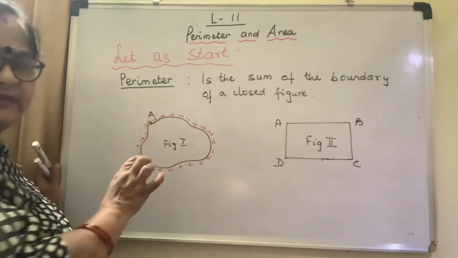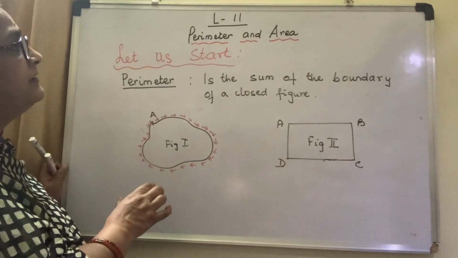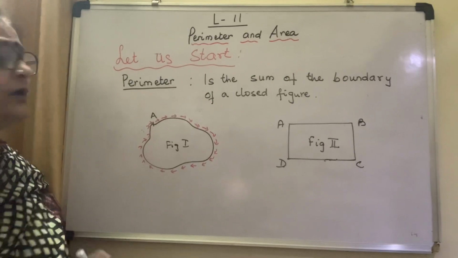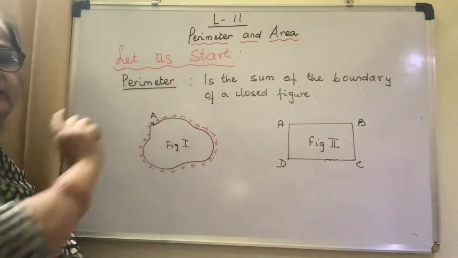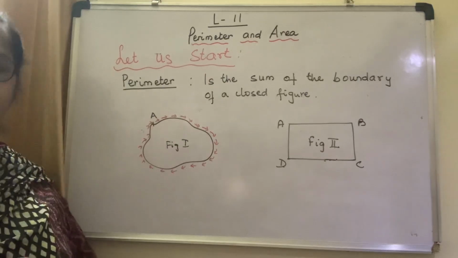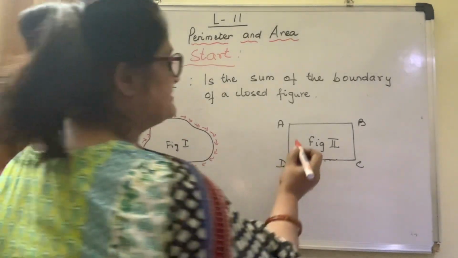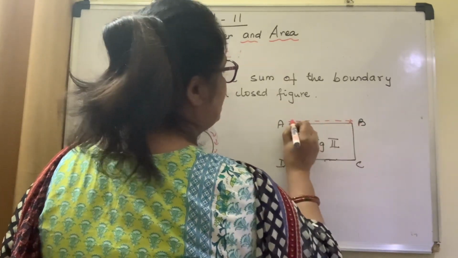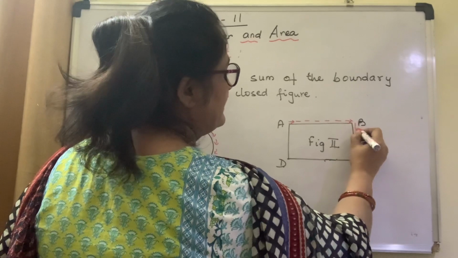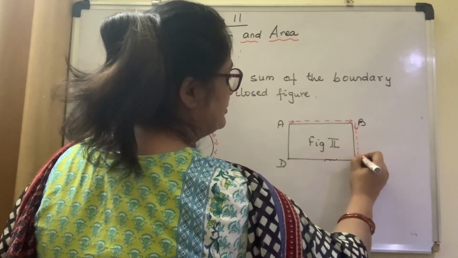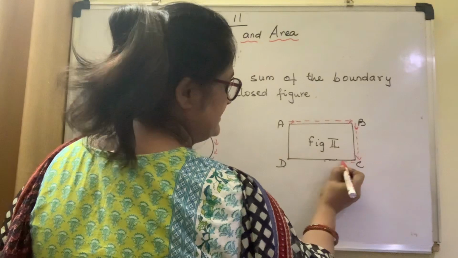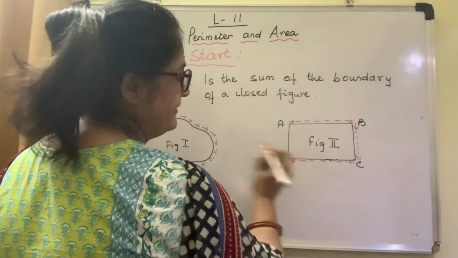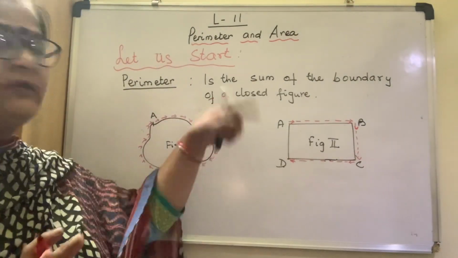Now this is not a rectilinear figure. This figure is just a closed curved figure, but the total of the boundary will give you the perimeter of this figure. Similarly in this, you move from A, reach B, then from B you keep moving till you reach C. From C you move till you reach D. Still we have not completed going right around.